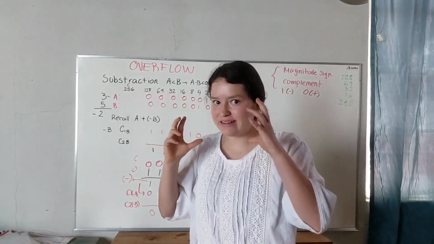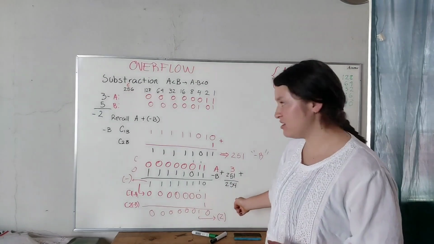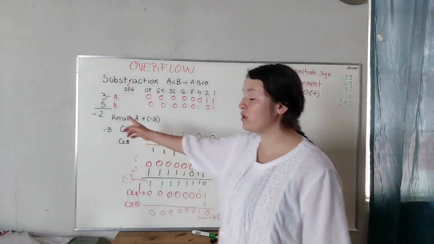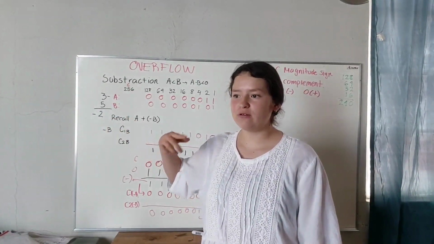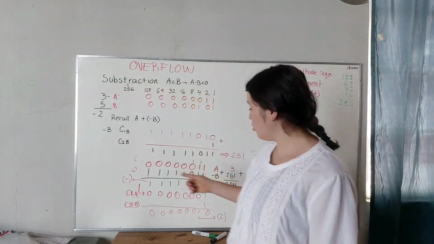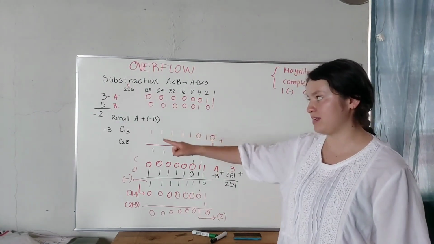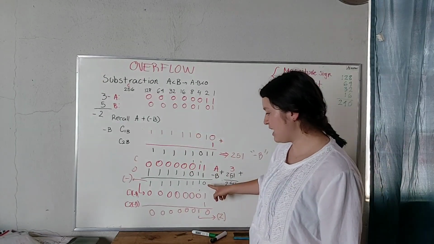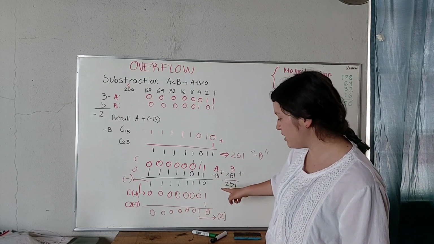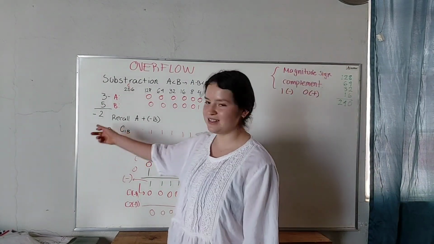So as I said before, when our result makes no sense compared to what we are hoping for, probably we are talking about an overflow. So we complement again, and now we have the 2 we are hoping for. We call it magnitude, sign, scalar, vectorial, and our final result.